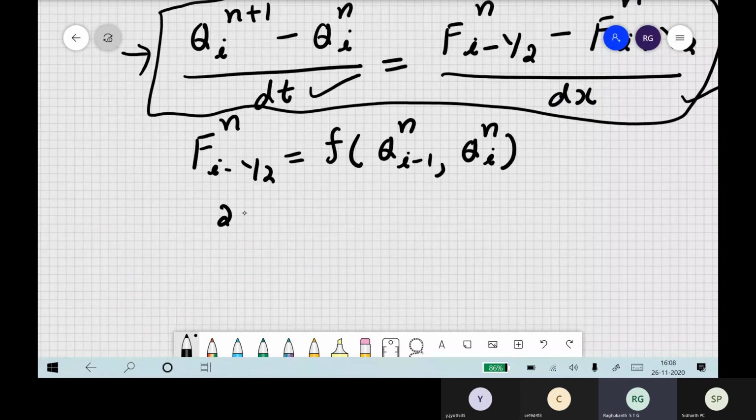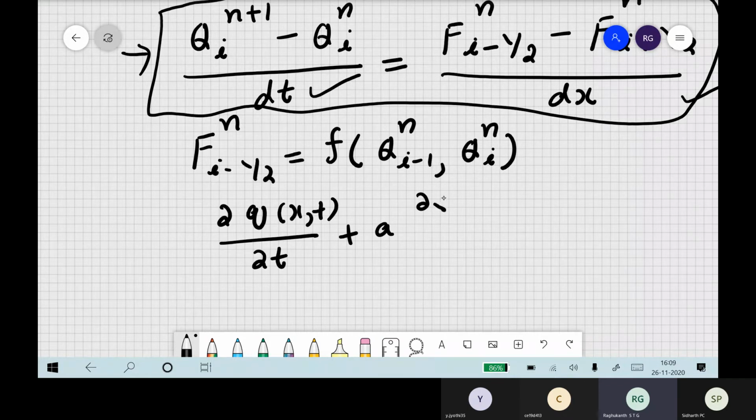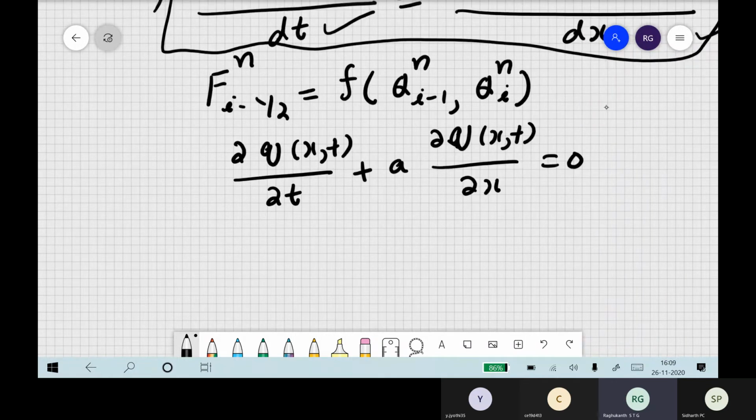So one can prove yourself: dou q of x comma t by dou t, plus a times dou q of x comma t by dou x, is equal to 0. Same equation you will get. That is nothing but the conservation equation.